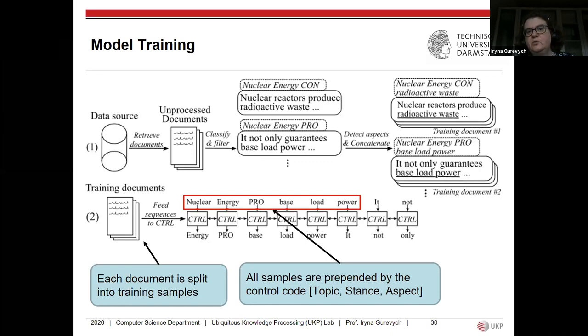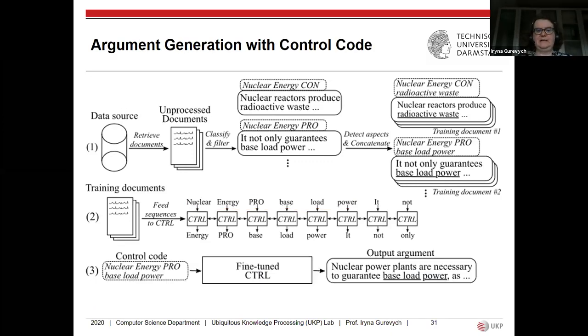Contrary to the original CTRL architecture, we allow for control codes of arbitrary length. Finally, at inference, we pass a control code to the model, which generates an argument following that control code. For example, we pass the control code nuclear energy pro base load power, and the model generates an argument with this context.